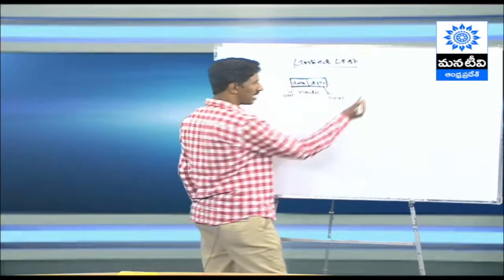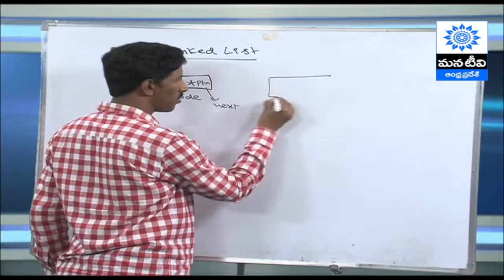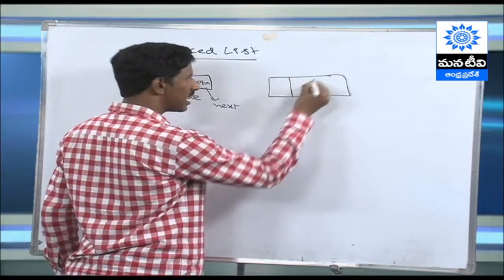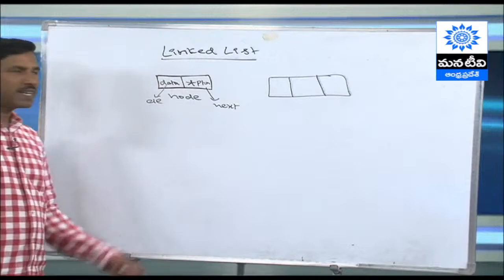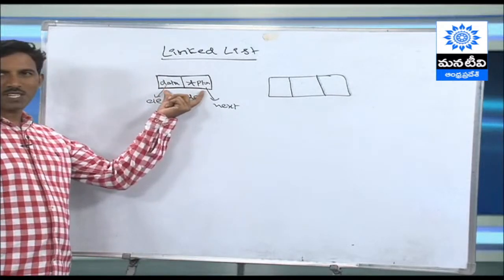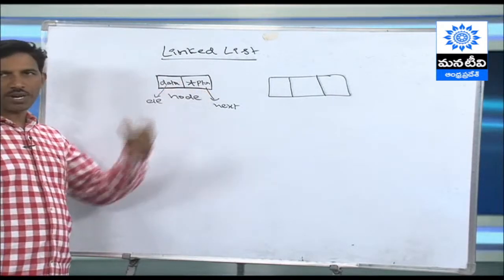If you go for a doubly linked list, the node is represented with three partitions. In a singly linked list, the node has two partitions: the element and the pointer to the next.